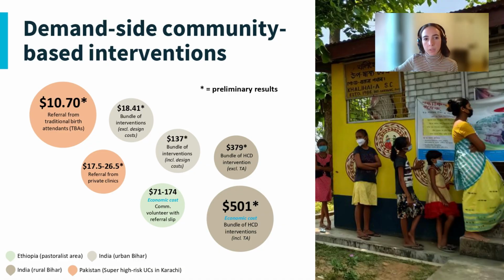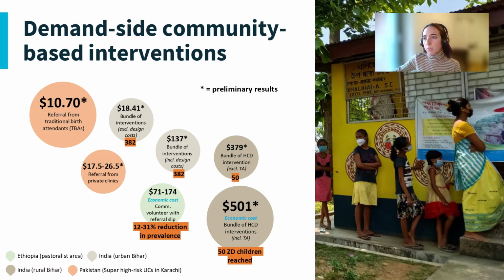And also, of course, the type of costs included, and whether the design costs or technical assistance were included in the cost assessed or not. So here we see that interventions that have been implemented for longer and have had the time to reach more children present a lower cost per zero-dose child reached.